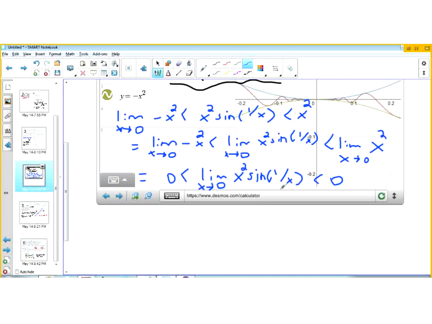And so there's the squeeze theorem. If the limit is greater than 0 and less than 0 at the same time, then the limit must be 0. Therefore, this is equal to 0 by the squeeze theorem.